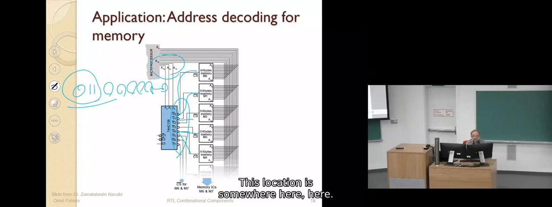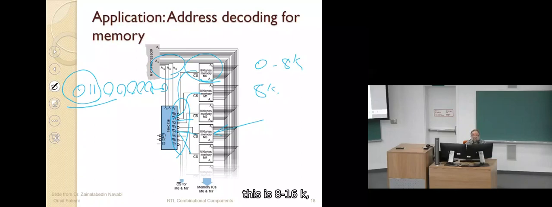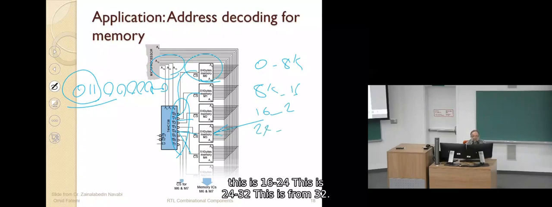This address range is from 0 to 8K, this is from 8K to 16K, this is from 16 to 24, this is from 24 to 32, this is from 32, and so on.